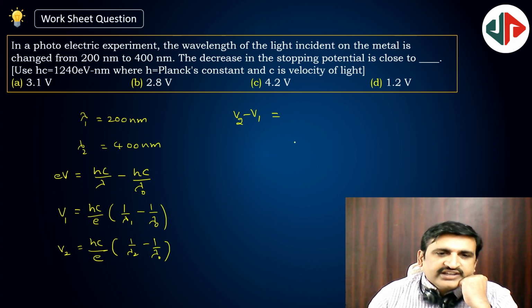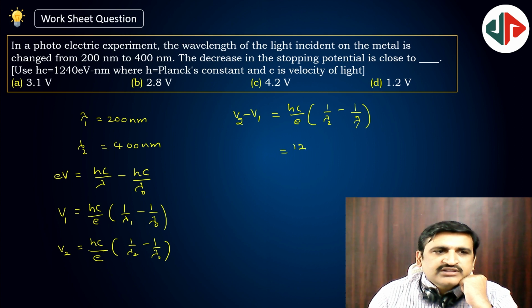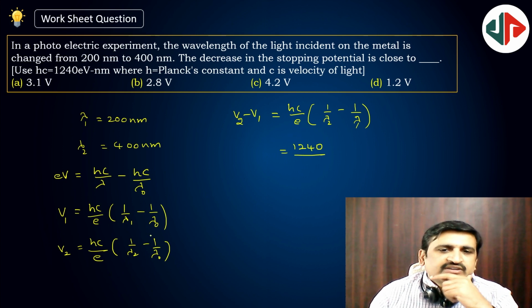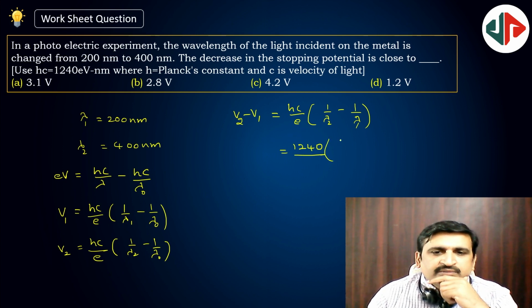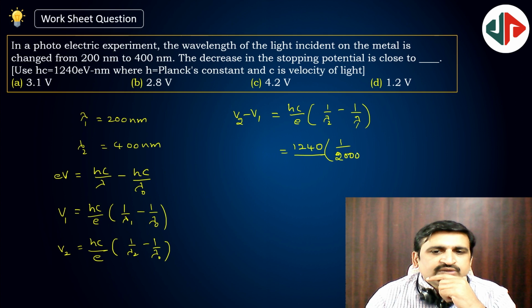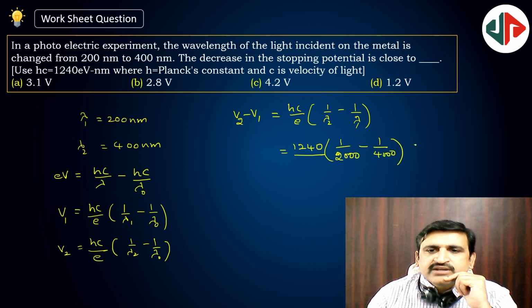Then I can write it as hc by e into 1 by lambda 2 minus 1 by lambda 1. On substitution, 1240 only he asked to take, by e, obviously no need to write e, into 1 by 2000 minus 1 by 4000, in angstroms. So this is going to become roughly 3.1 volt.